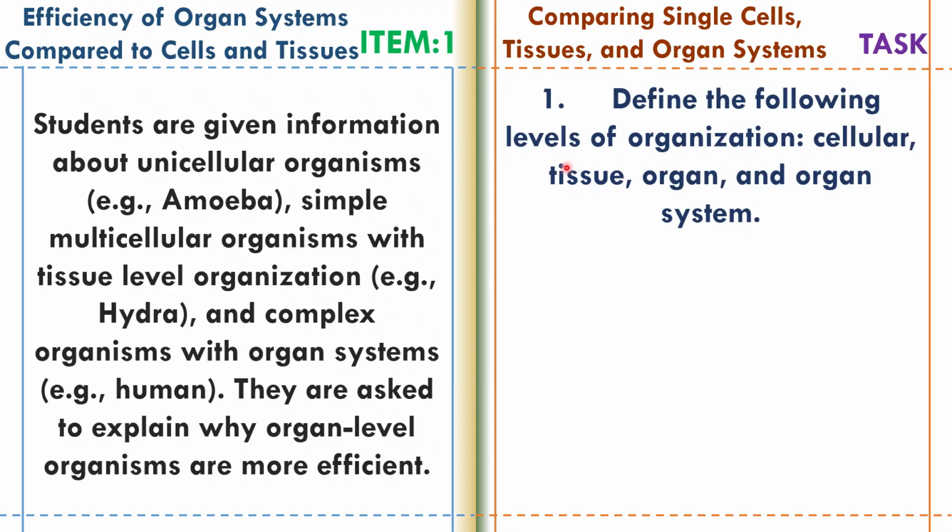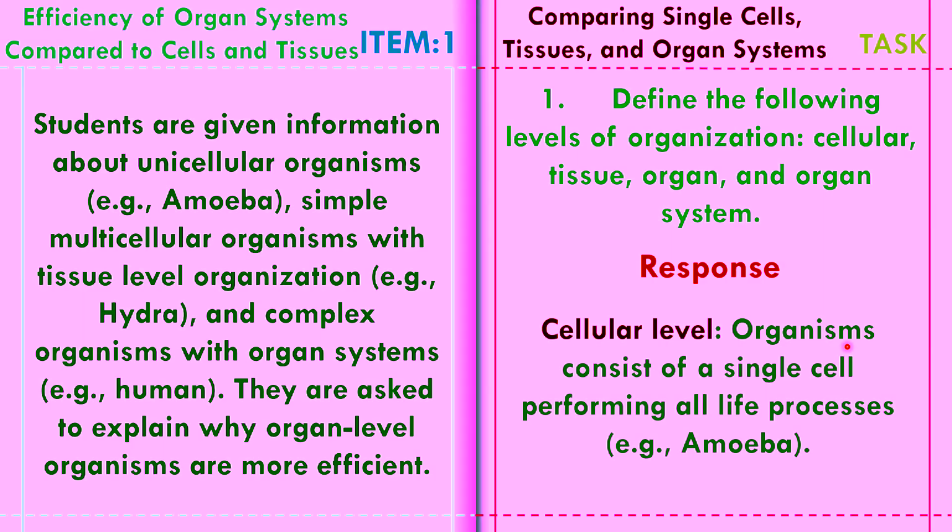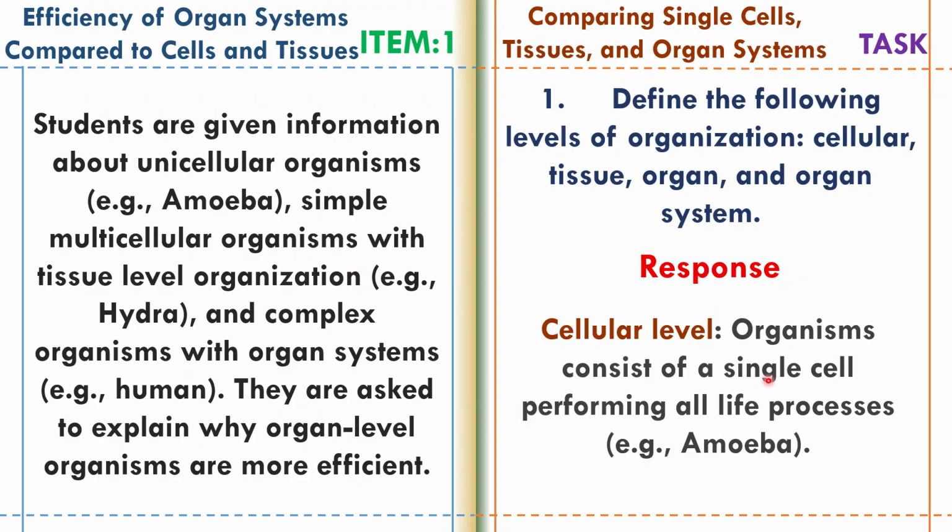Define the following levels of organization: cellular, tissue, organ, and organ system. Cellular level: the organism consists of a single cell performing all life processes.